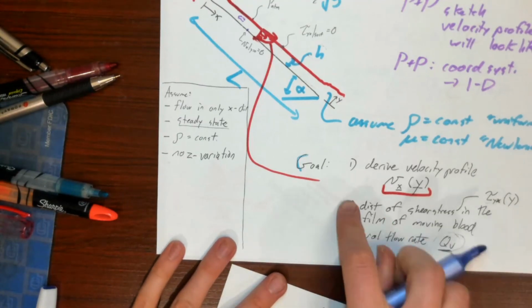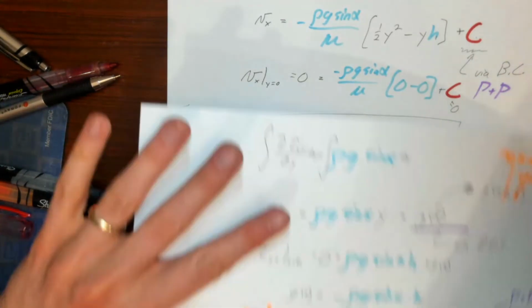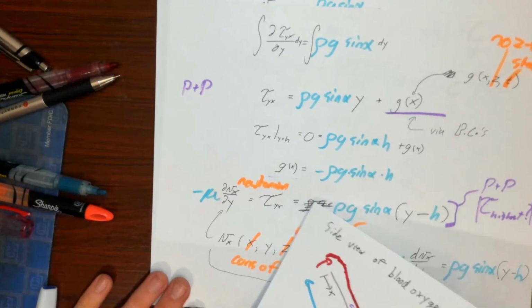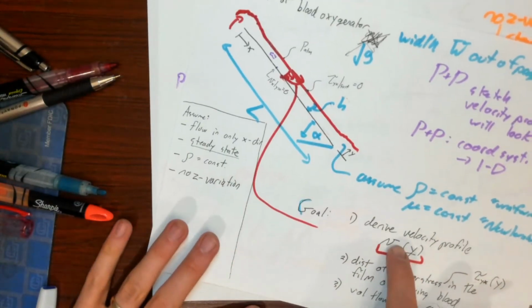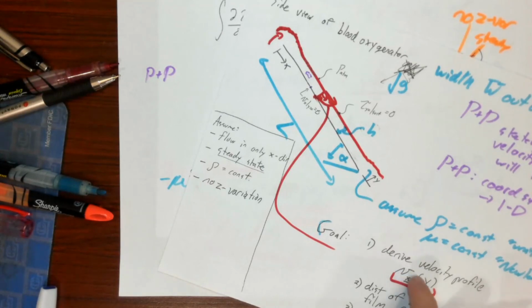If we didn't already come across this shear stress equation explicitly, then we could always take our velocity profile and sub it back into the Newtonian relationship, dvx/dy, in order to get a shear stress profile.